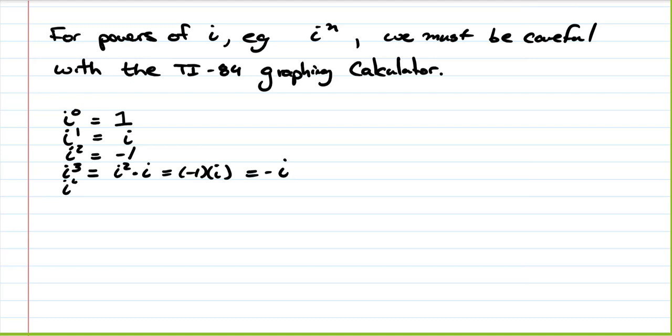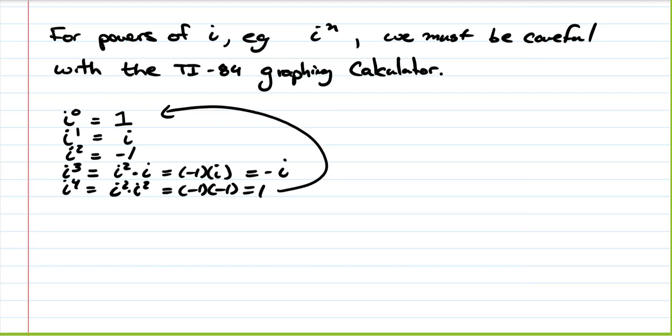And i to the fourth, using our exponent laws, is the same as i squared times i squared, which is -1 times -1, which is +1. And we'll notice that we loop back to where we started. So then the pattern starts all over again.